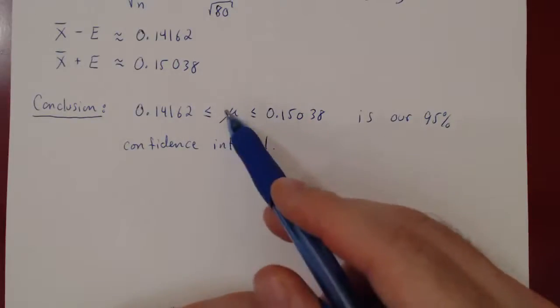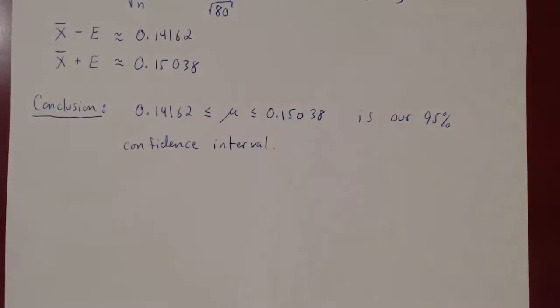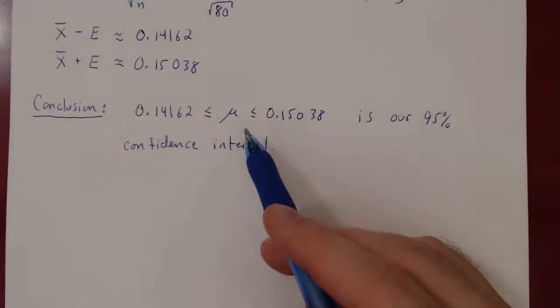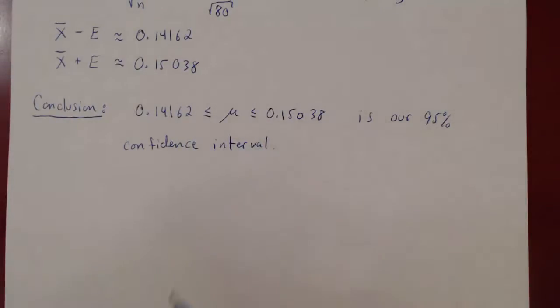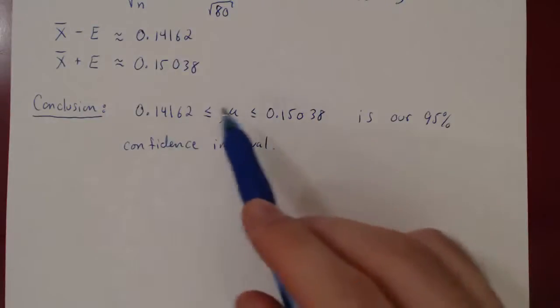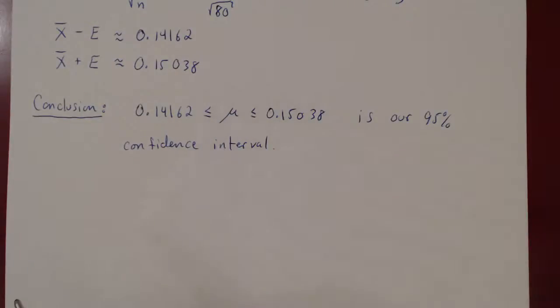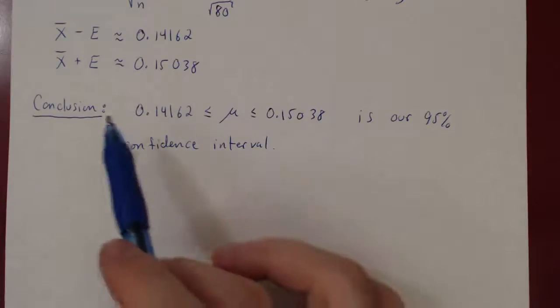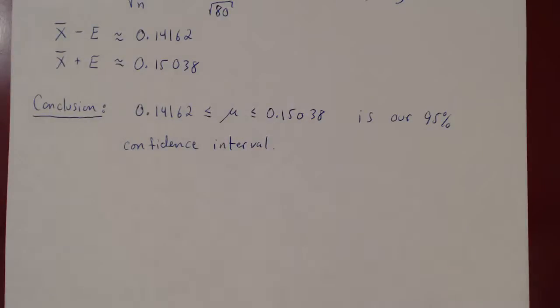And this is what you would obtain if you weigh, in theory, all possible apples that will go through this factory. So we went from a measure of a sample of only 80 apples to a statement about the true mean weight of all possible apples being weighed. That's a really powerful statement.